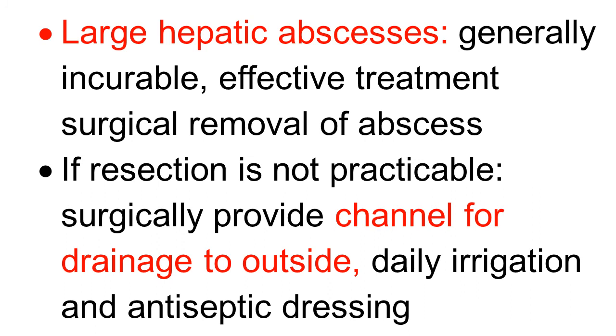If resection of the abscess from the liver is not practicable, then provide a channel for drainage to the outside surgically, and daily irrigation of the abscess and daily antiseptic dressing may cure the case.